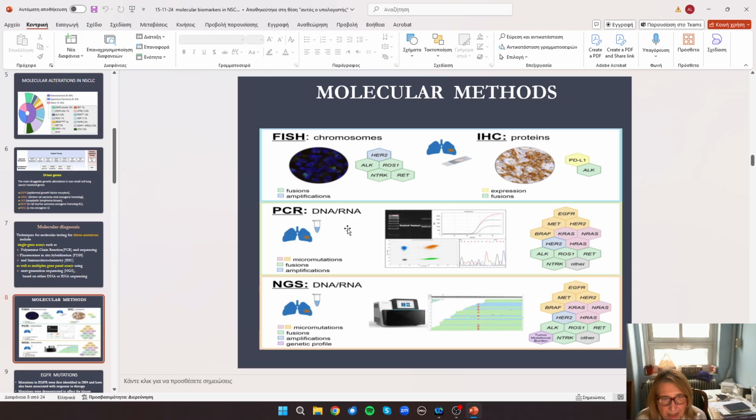PCR is a single gene assay, while NGS is based on PCR methodology, but we can detect mutations, fusions, amplifications, deletions for a large number of genes, for multiple genes, simultaneously, and at the end of the methodology, we need bioinformatics in order to analyze the obtained data and to see the genetic profile of every patient.